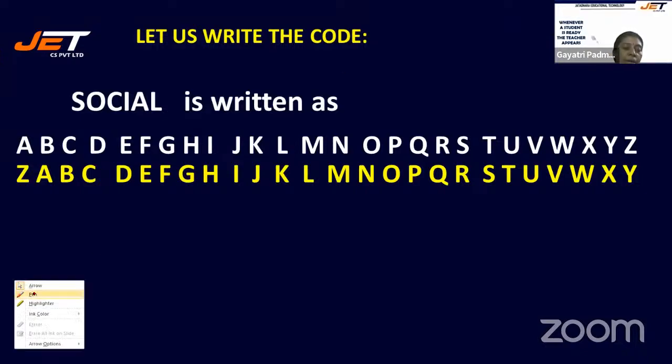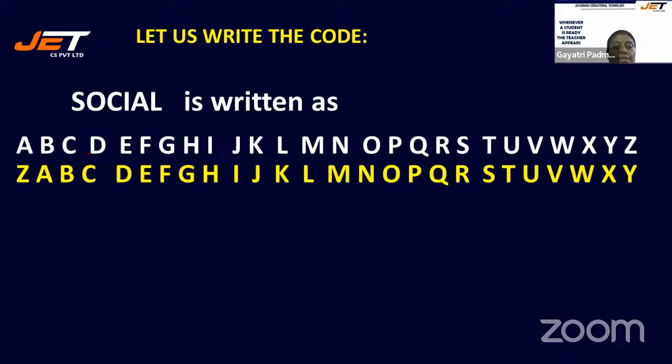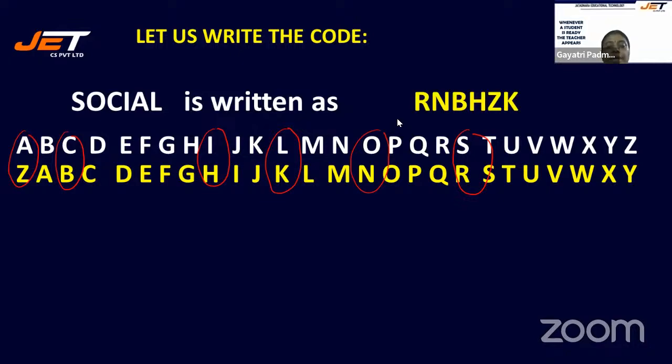Here S is R, O is N, C is B, I is H, A is Z, and L is K. So we get R, N, B, H, Z, K.